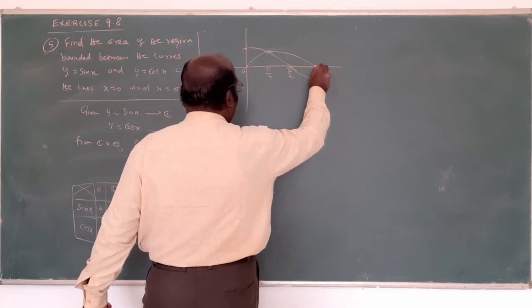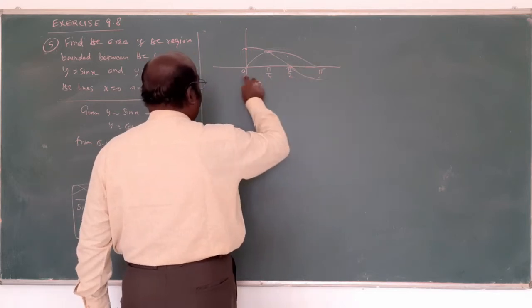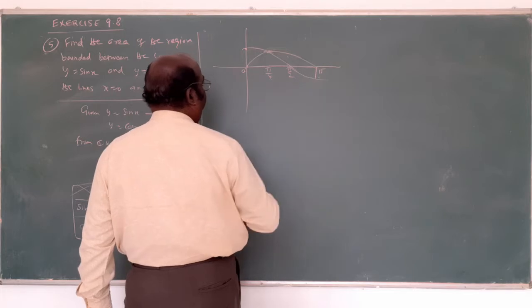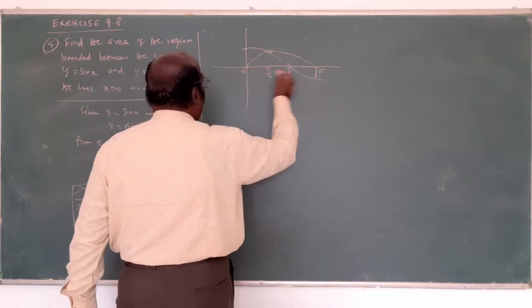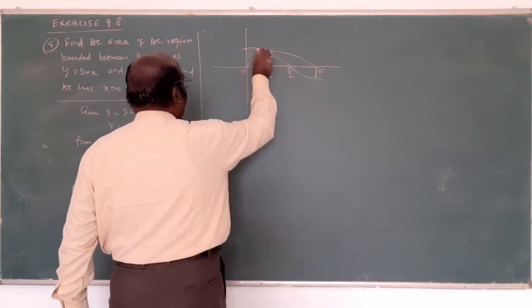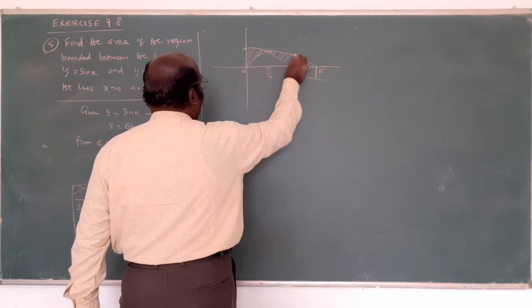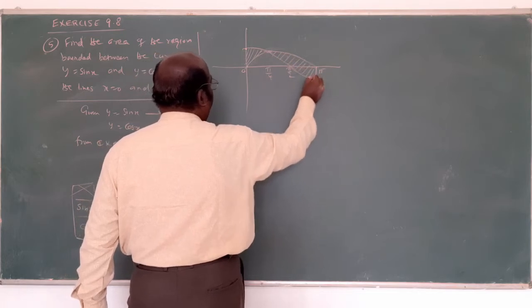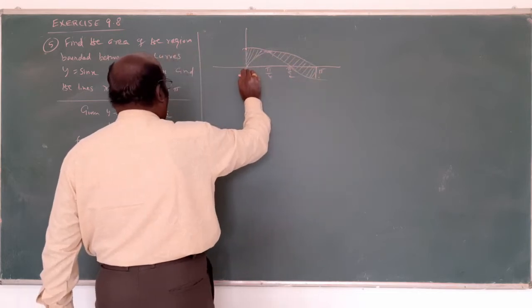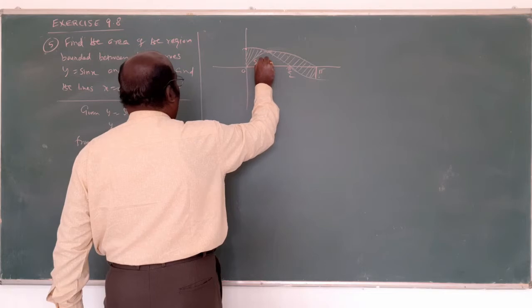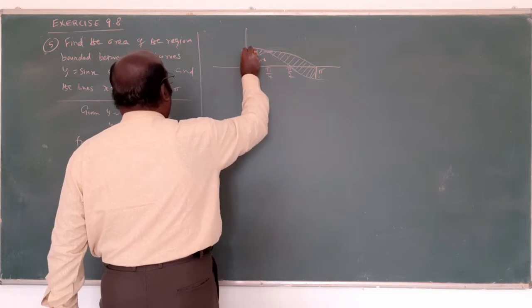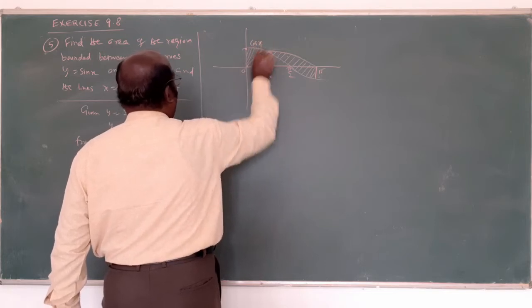This is good. Okay? We have 0 to pi only being asked. Now from 0 to pi, there are 2 areas here: first area, second area. Am I right? Starting at 0, one is the sine curve, sin x, and the other is the cos curve. That's important.